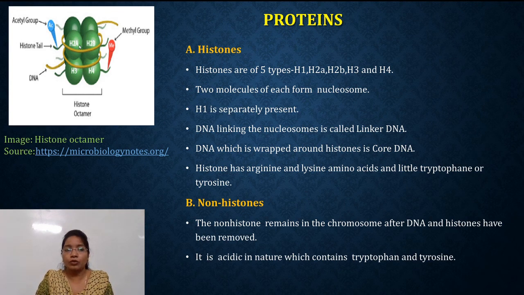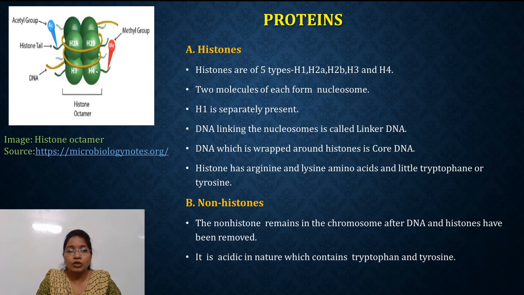Okay. Now these are the histone proteins and on that this is the DNA. Okay. Now the DNA which links the nucleosomes is called as linker DNA, and the DNA which is wrapped around these proteins is called as core DNA.